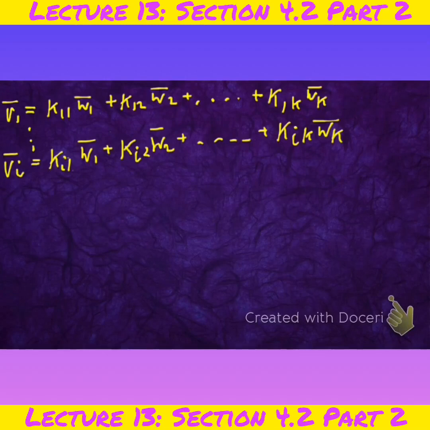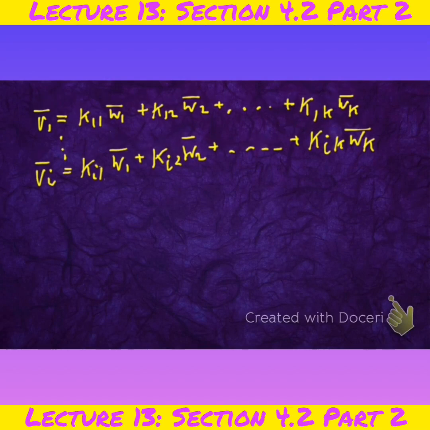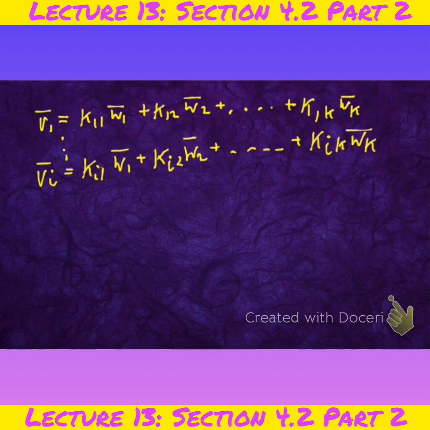I'm not going to write it out, but let's say every vector V is a linear combination of vectors W in S'. So remember, you write V1 as a sum of scalar multiples of vectors in S', and you can write the ith vector in S as a linear combination of vectors in S'.